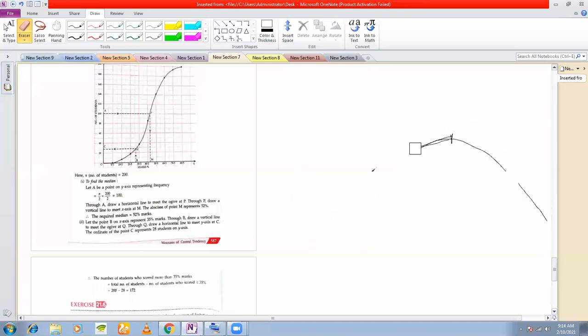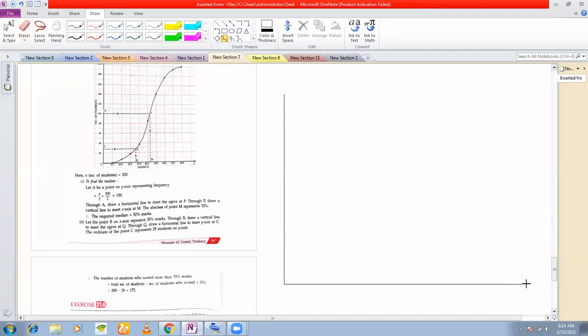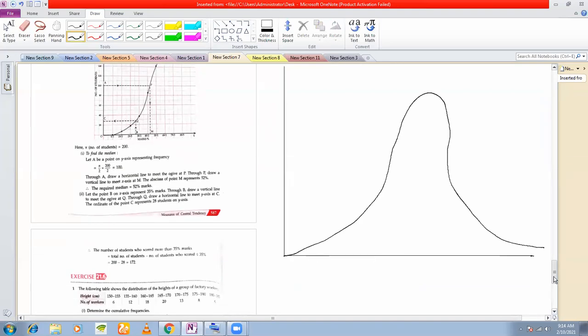If you're drawing an ogive, then to be very accurate, your bell-shaped curve will look like this. This line will continuously keep getting close to the x-axis, but it will never touch the x-axis. So this is your bell-shaped curve.